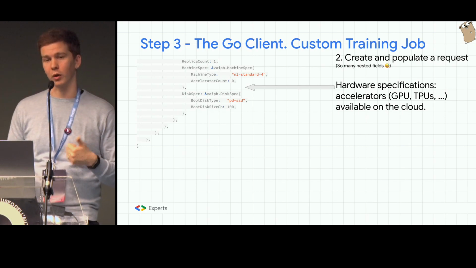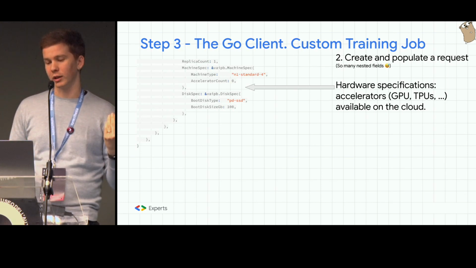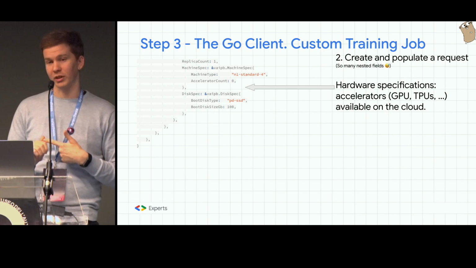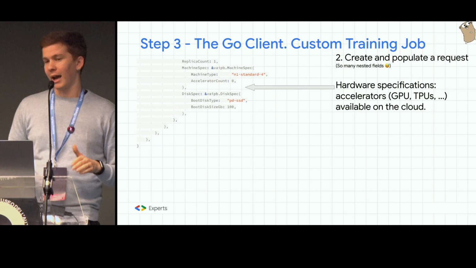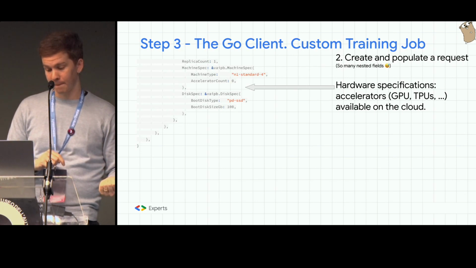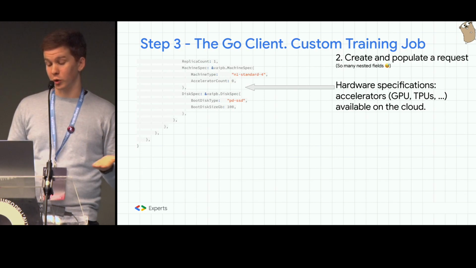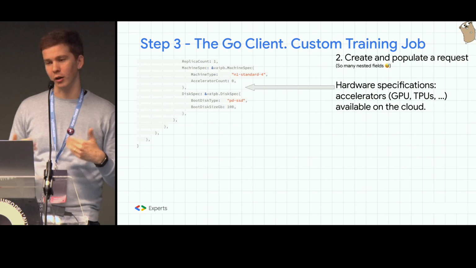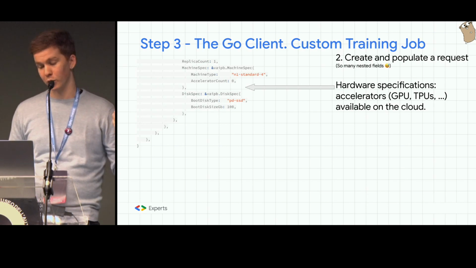But for instance, if you're going to train a model on images, audio, or whatever, you can specify the type of the accelerator, so you can choose to use a GPU, a TPU, or whatever, and you can choose how many of these have to be visible to your training script. Of course, we also specify the specification for the disks and potentially all the other fields that describe the hardware needed.